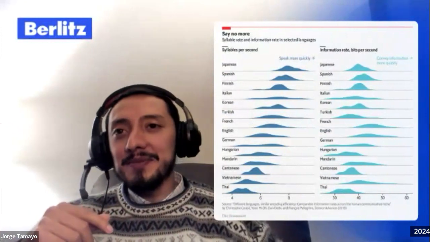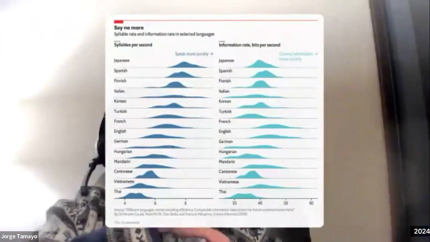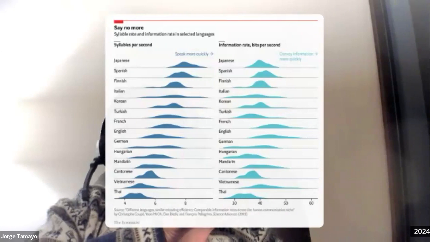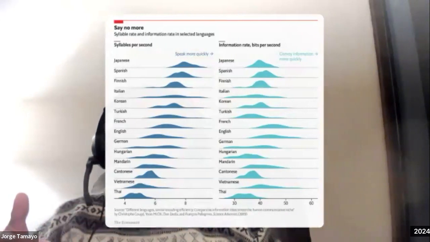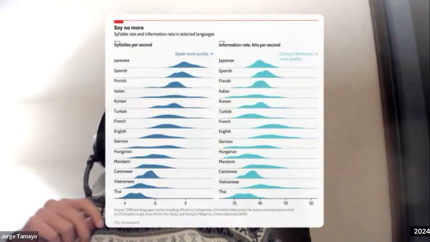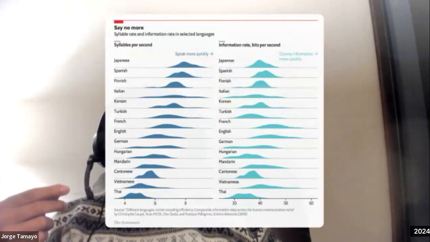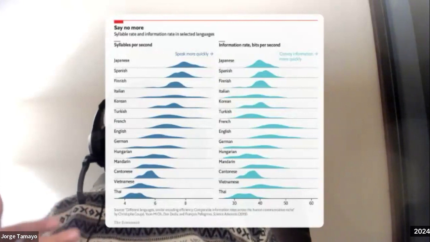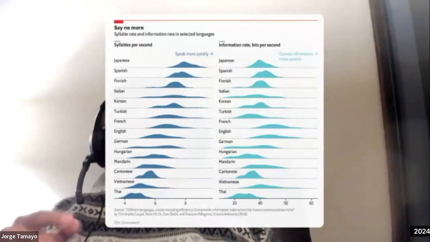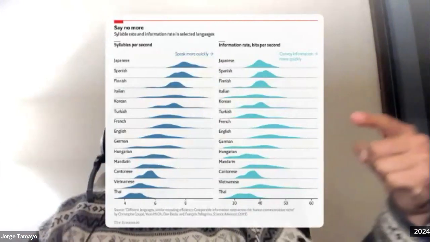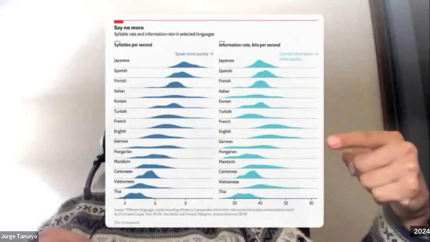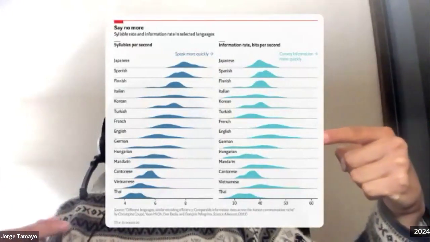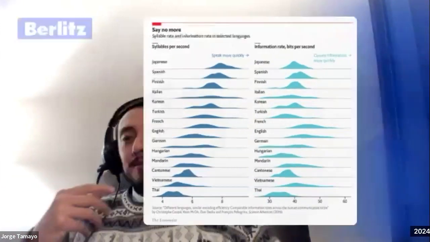However, there's something else. As you can see on the right column, the fact that English is a slow language doesn't mean that information is not conveyed properly or effectively. Quite the contrary. If you see over here, English has one of the highest information transfer rates.